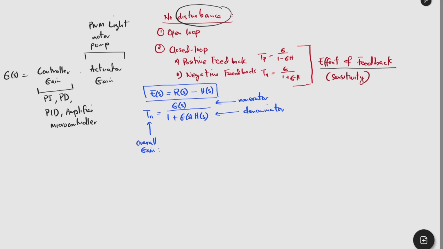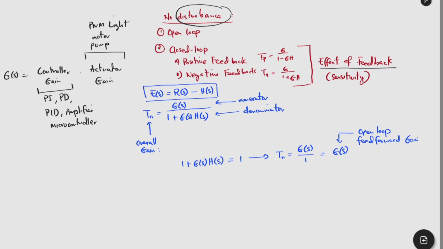Now, if our denominator 1 plus G(s)H(s) is equal to 1, we have the overall transfer function equal to G(s) over 1, which is equal to G(s). And G(s) is known as the open loop or the feed forward gain of the control system.